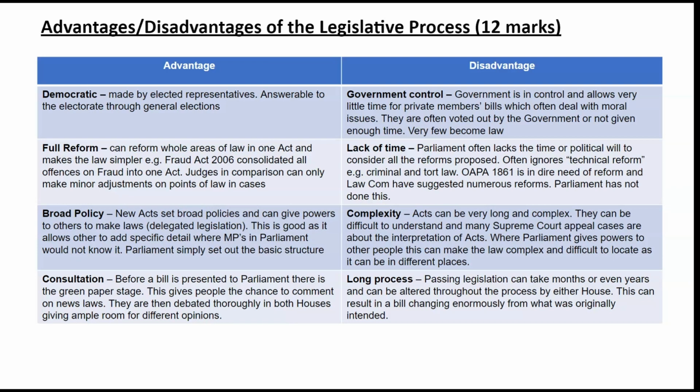So the first advantage of the legislative process is obviously that it's highly democratic. The laws are made by elected representatives, the MPs, so the House of Commons has very tight control around the legislative process, in that they can force things through even if the House of Lords disagrees, for instance. They're all MPs who are elected by the electorate, so they're answerable to the electorate through general elections.